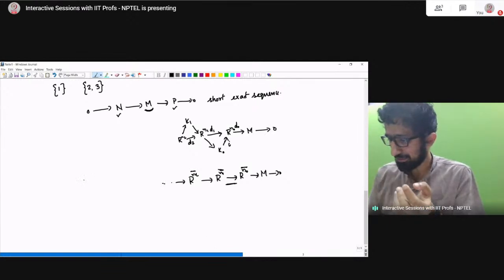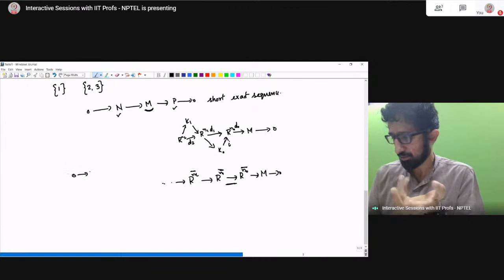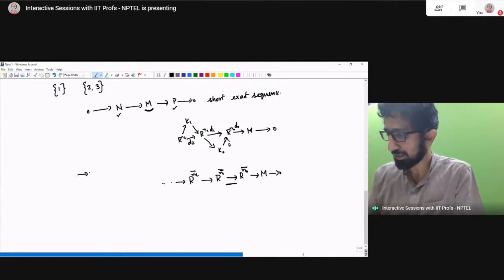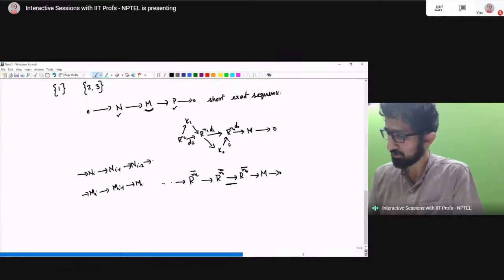So, commutative diagram of exact sequences. We don't need to worry about 0. You can even have N_i to N_{i-1} to N_{i-2} and so on, and here I have M_i to M_{i-1} to M_{i-2}.